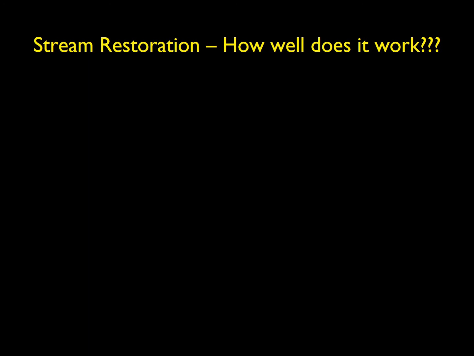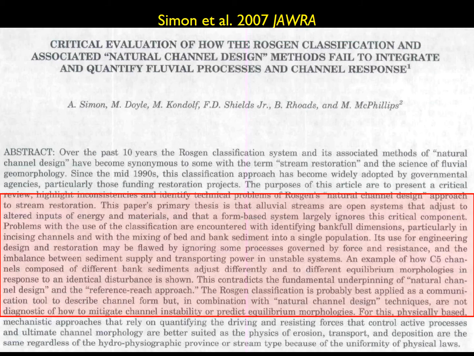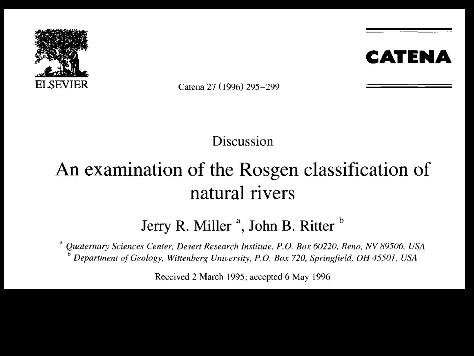So back before spring break and all this craziness happened, we talked about this natural channel design process, and some scientists that had evaluated it and tried to think about how well it worked. This paper concluded that it doesn't work very well. Similar to this paper.